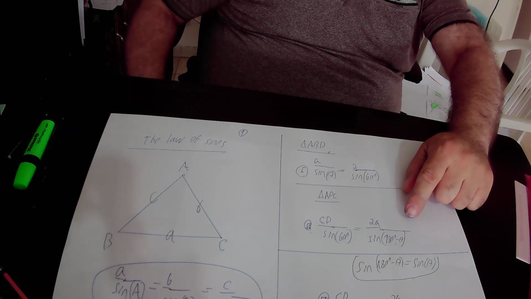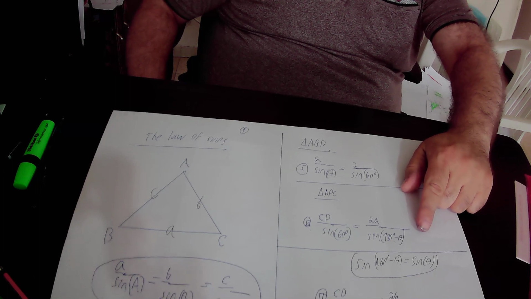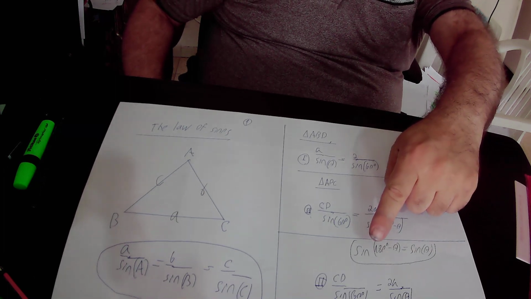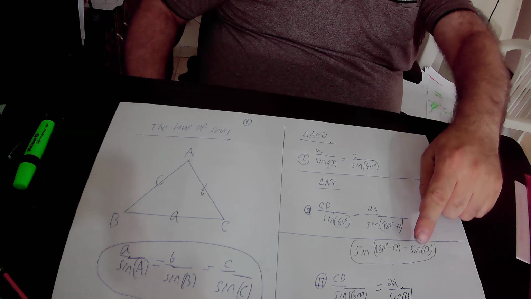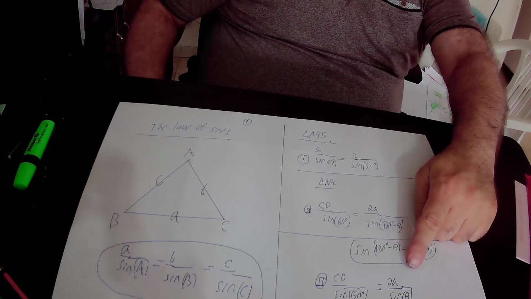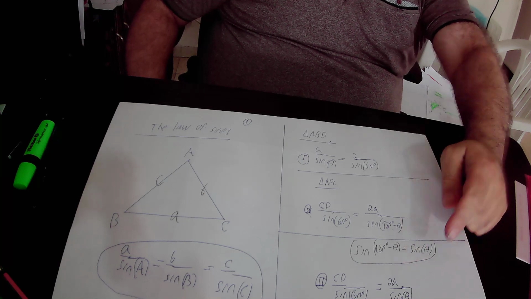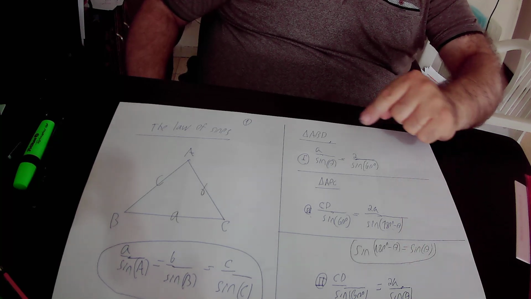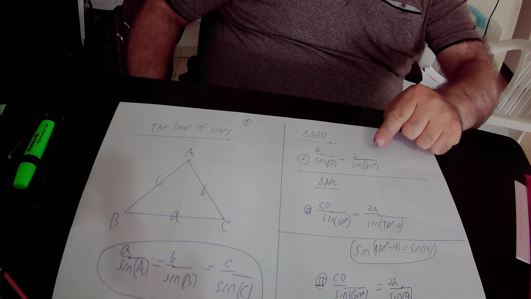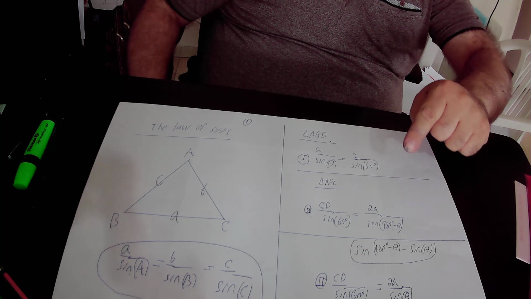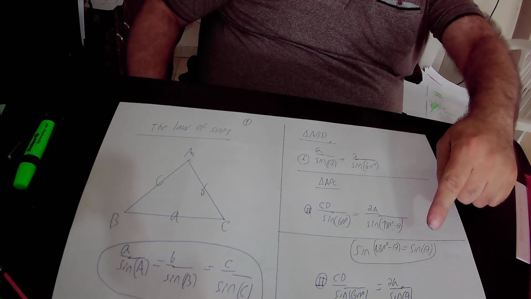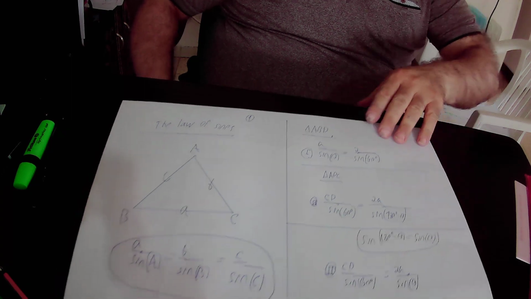So we substituted sine of 180 degrees minus theta by sine theta, and we got that CD over sine 60 degrees equals 2a over sine theta. Then according to equation number 1, a over sine theta equals 2 over sine 60 degrees, so we can substitute a over sine theta by 2 over sine 60 degrees.